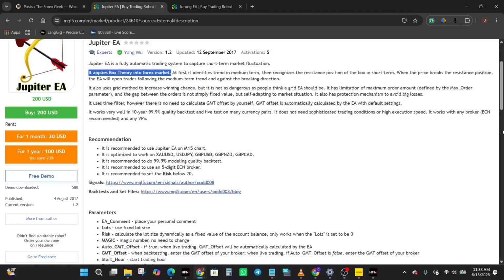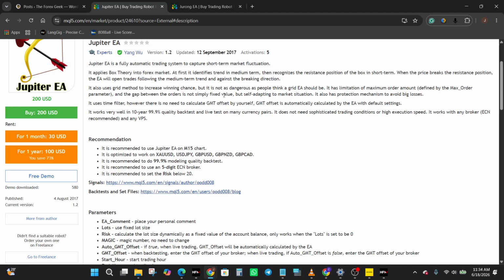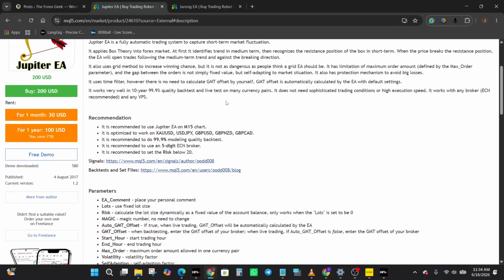According to the marketplace information, the EA first identifies the medium-term trend and then analyzes short-term resistance levels within what the developer refers to as a box structure. Now, the description states that when price breaks a resistance level, the EA opens trades based on the medium-term trend while also considering the breakout direction.